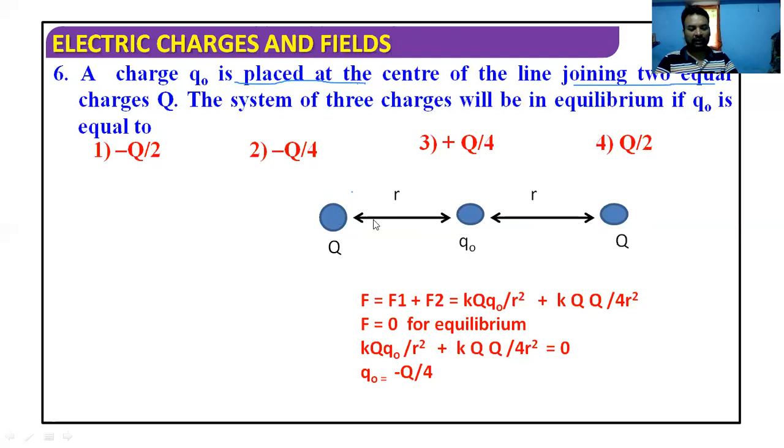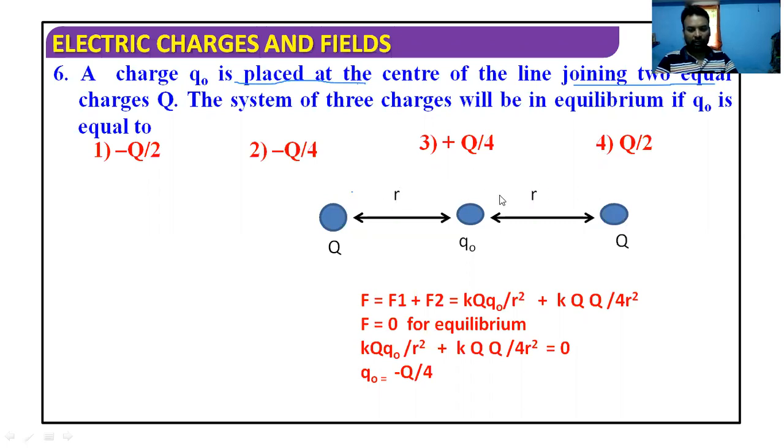They are at that distance where they apply a force on each other, but the net force on any one charge due to the other charge is zero. So it means they are in equilibrium.